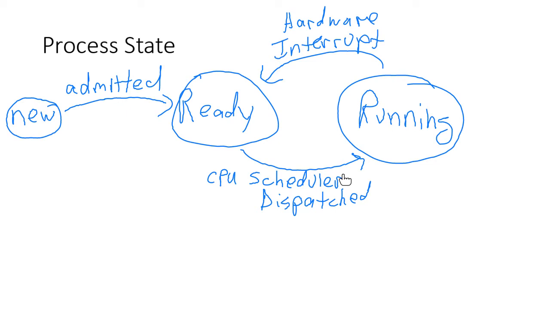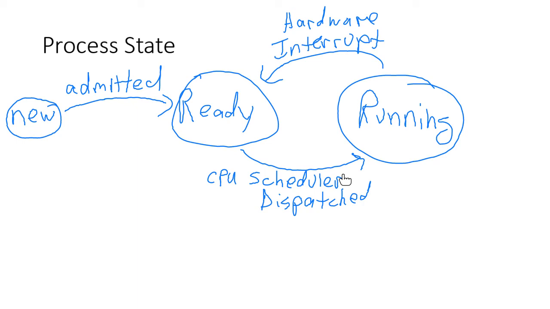What other way can a running process leave the running state and end up in another state, one that we don't have here? What state might that be?